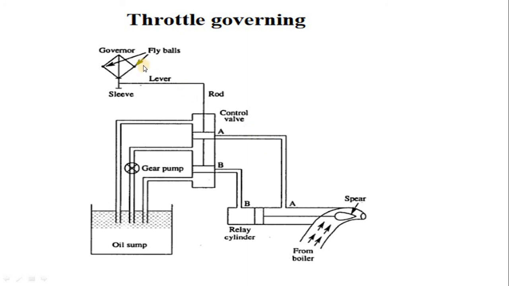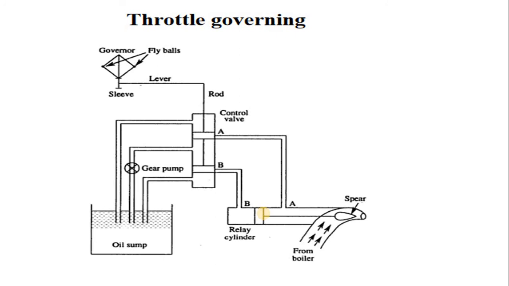At that time the fly ball moves up, the sleeve moves up, and it also moves the control valve rod up through the lever mechanism. Due to that, the piston in the relay cylinder moves continuously in the backward direction, and because of that we can control the amount of steam entering the turbine.